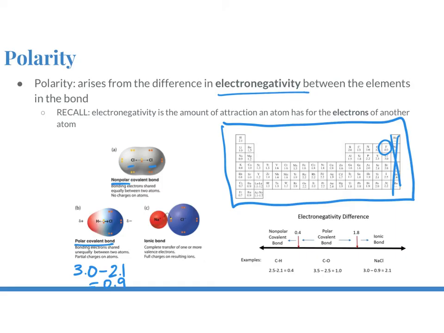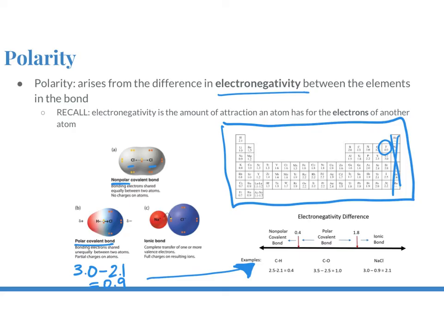So that difference then can be correlated to this chart, which is not always conclusive. So don't think that this is the end-all be-all of saying if it's a polar or nonpolar covalent bond. But it does help us categorize those. So really, this is one big continuum.